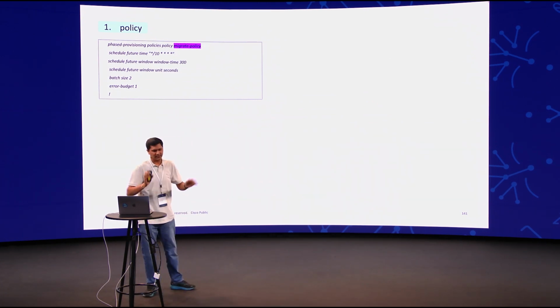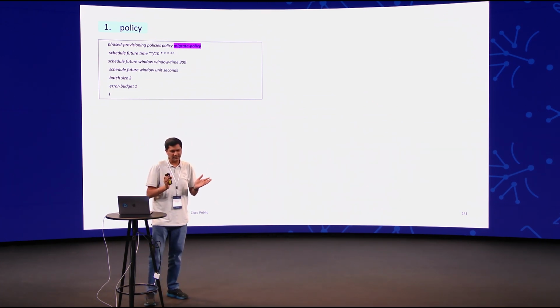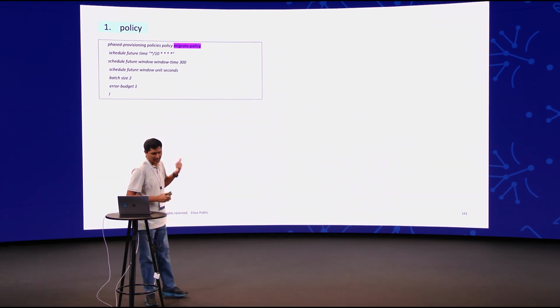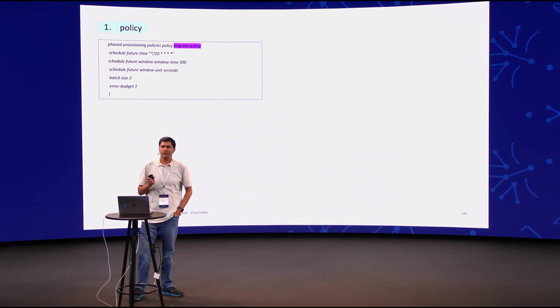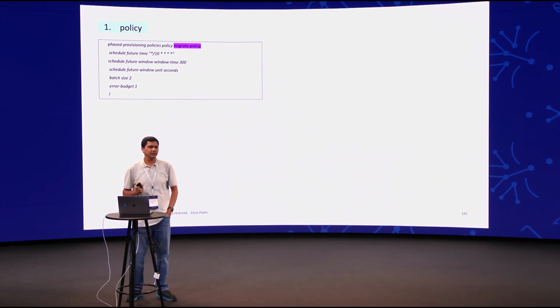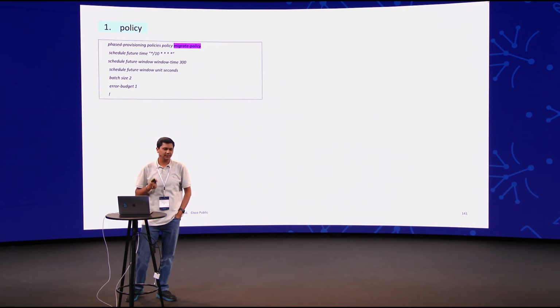It will run for 5 minutes, and then it will stop, and it will wait for the next scheduler to kick off. And here the batch size is 2, so we run 2 instances in parallel, and the error budget is 1. So once you hit the first error, you're okay, but the second error will suspend the execution.